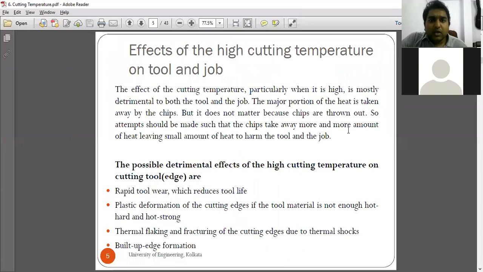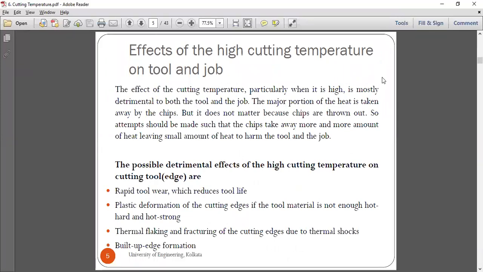Okay. Next, let us come to the effects of high cutting temperature on the tool and job. The effect of cutting temperature, particularly when high, is mostly detrimental. Detrimental means it is harmful to both the tool and the job. The major portion of the heat is taken away by the chips, but it does not matter because the chips are thrown out.